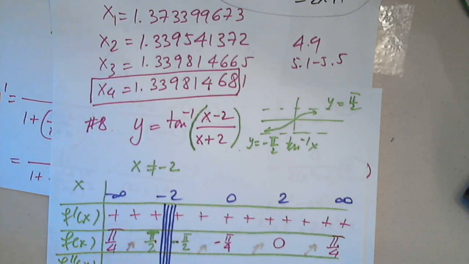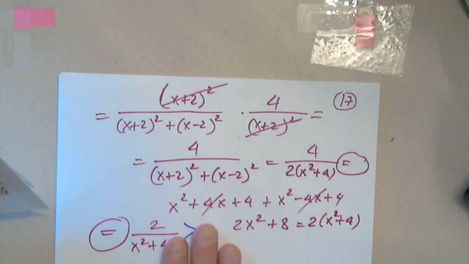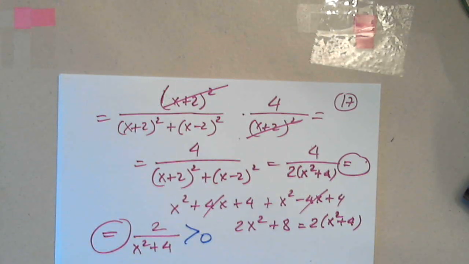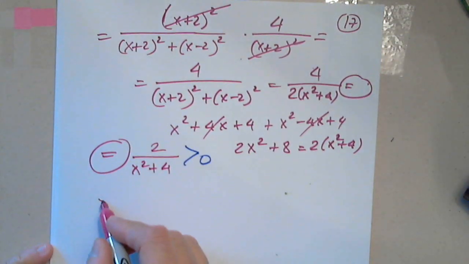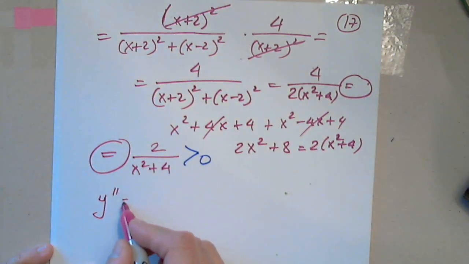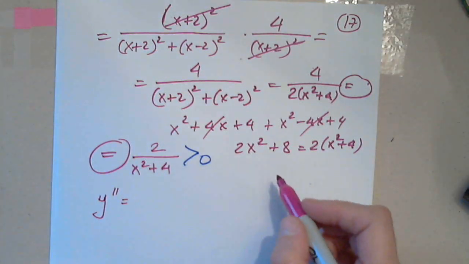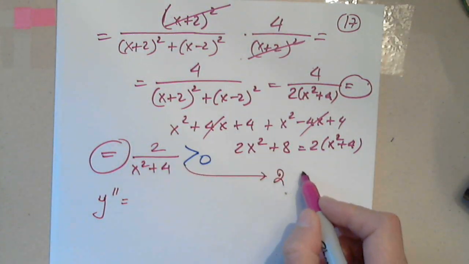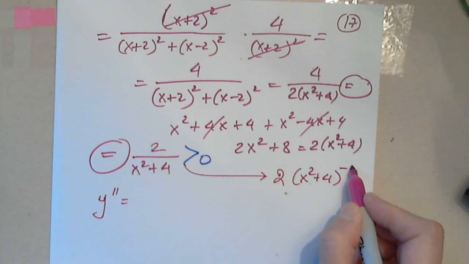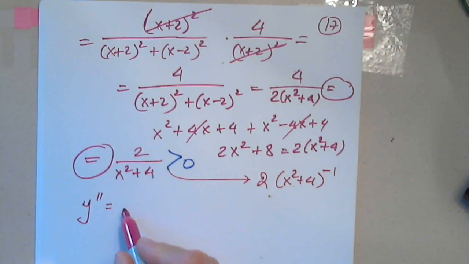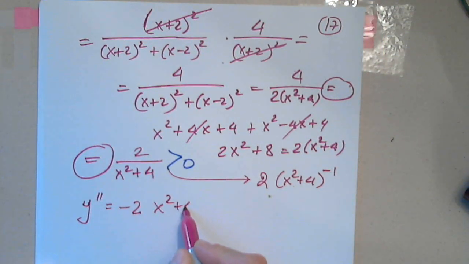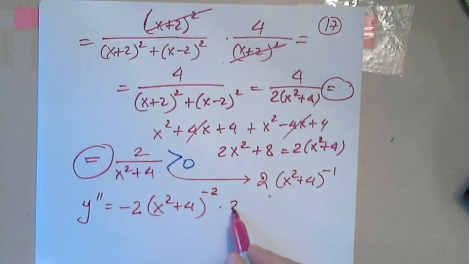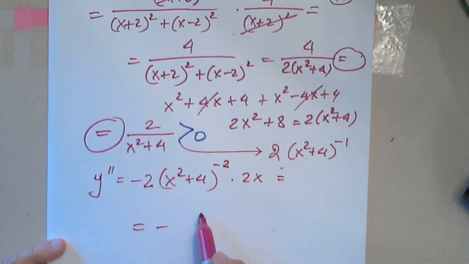Okay, now let's see if we find the second derivative. So the second derivative, I'm going to differentiate this. So bring down -2, x squared plus 4 to -2 times 2x. So -4x over x squared plus 4 squared.